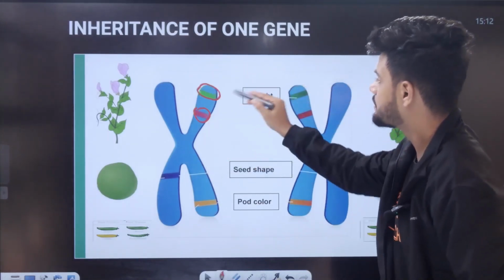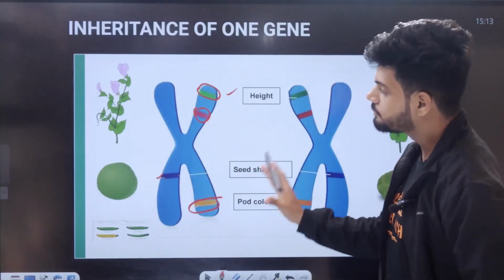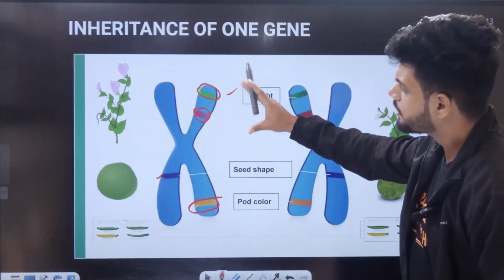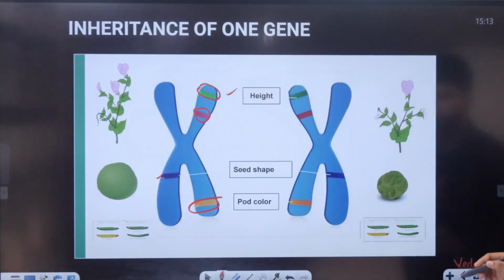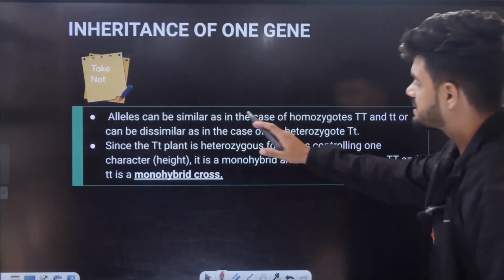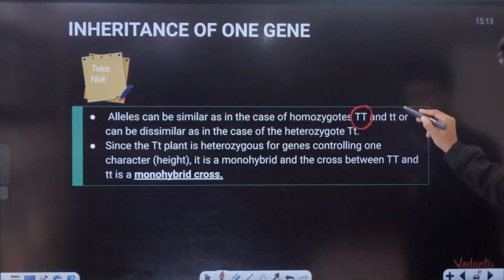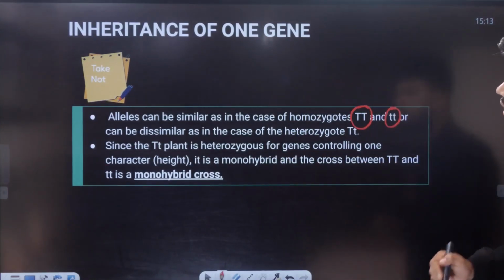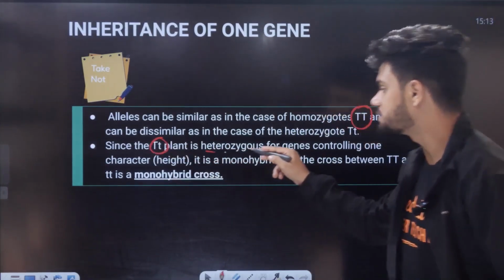Here we have stem height, here we could have seed shape, pod color. All of this information is present in the genes, which are present on the chromosomes. Alleles can be similar, that is homozygous, capital T, capital T or small t, small t, or they can be different, that is capital T, small t, the heterozygous condition.